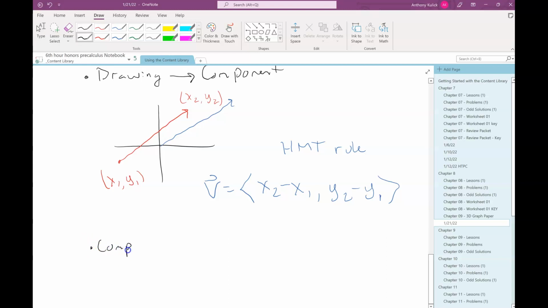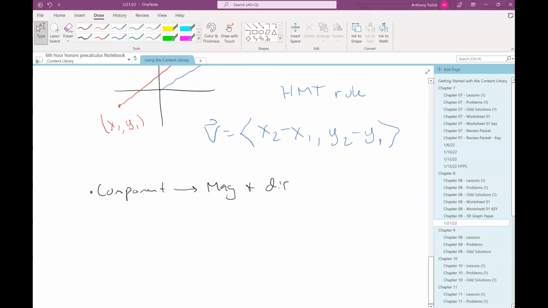Next thing we'll do is go from component form to a magnitude and direction. So the magnitude, we remember in the drawing form, is just talking about the length of something, right?